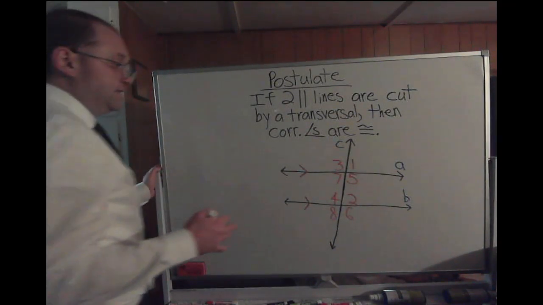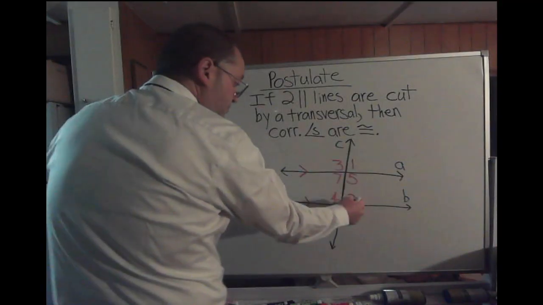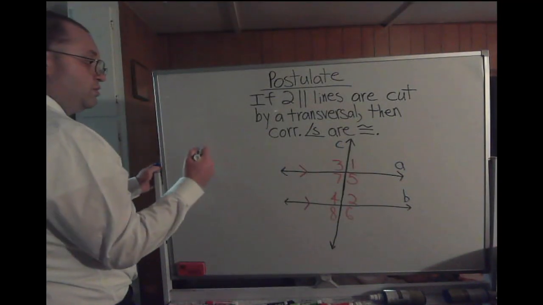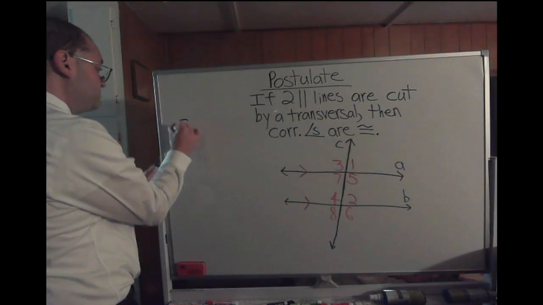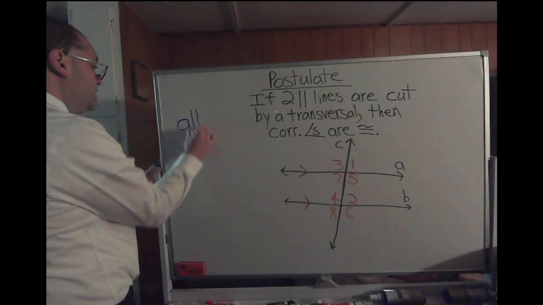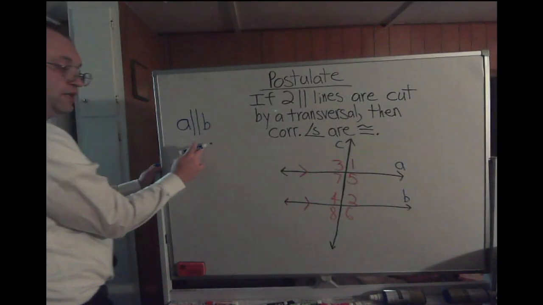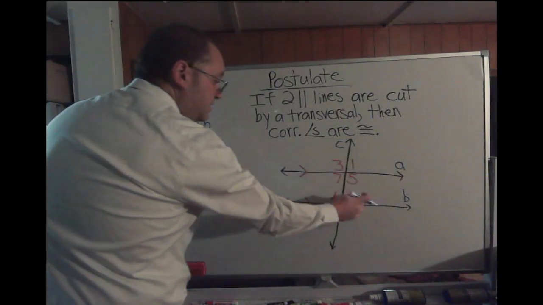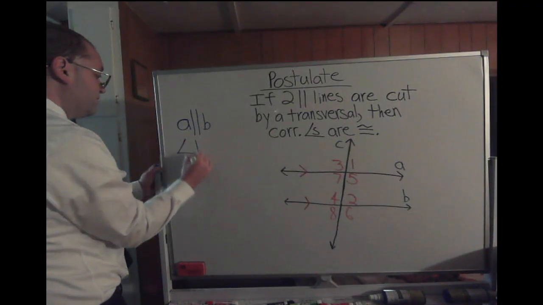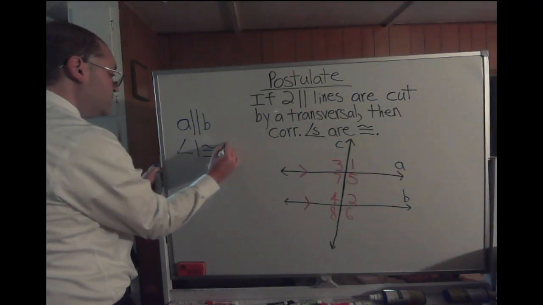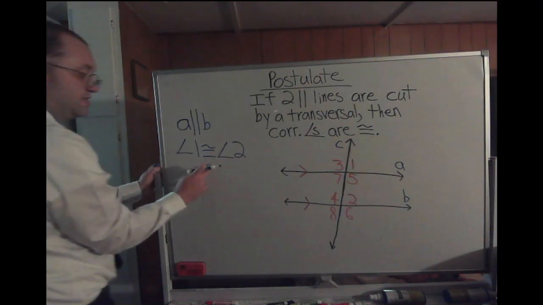And if we look at this here, the corresponding angles, we have 1 and 2. Well, let's start out by stating A is parallel to B. A is parallel to B, that was clearly given to us, so 1 and 2 are corresponding angles, therefore they would be congruent. So angle 1 is congruent to angle 2.